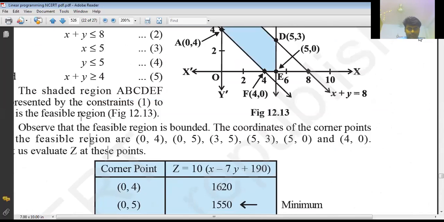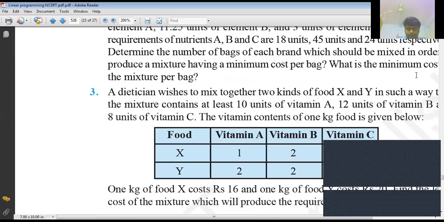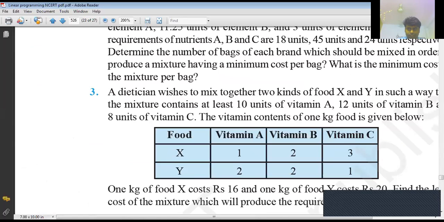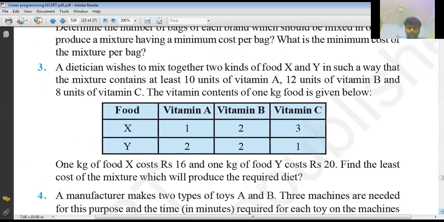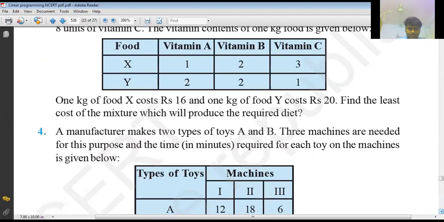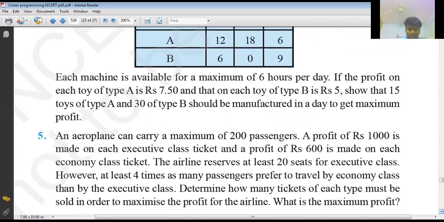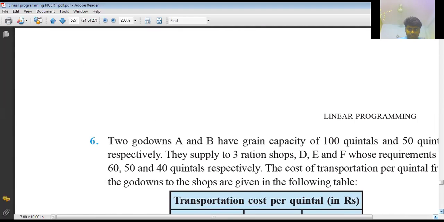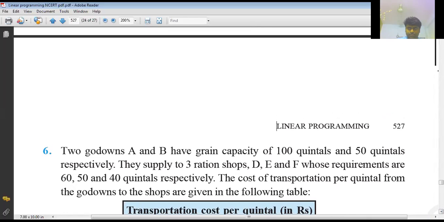We'll see that. So in this way, we can go for solving any problem as we learn the method. Okay. So the toys problem is also important, and especially the aeroplane problem is very important. Just have a look at that. Let us try to solve this. See the solution for this.